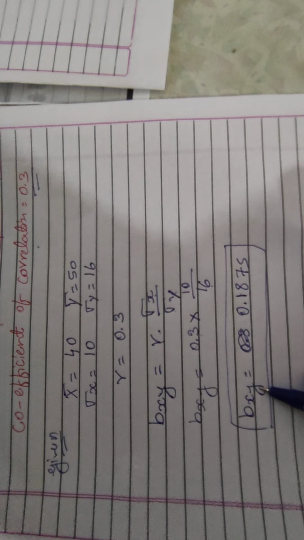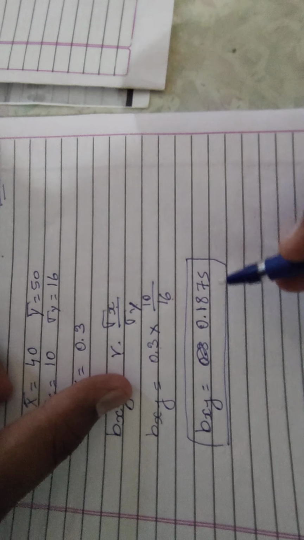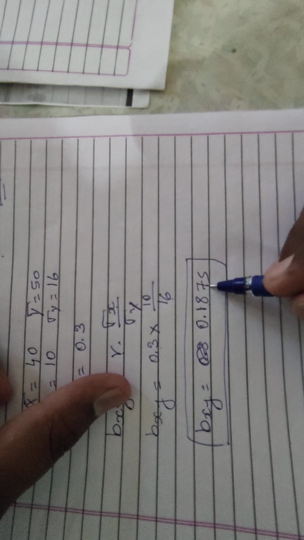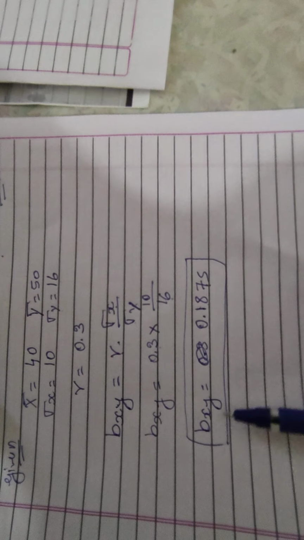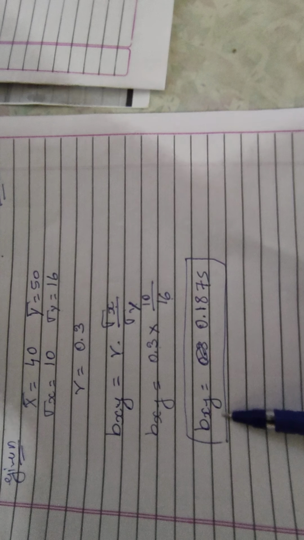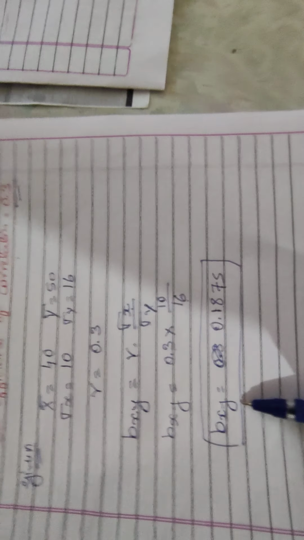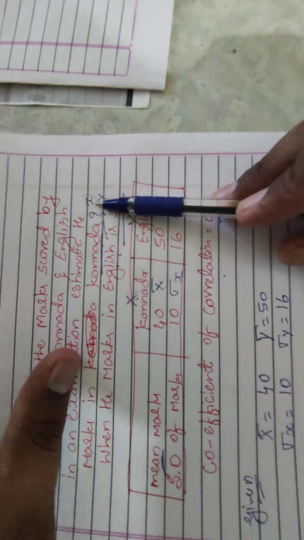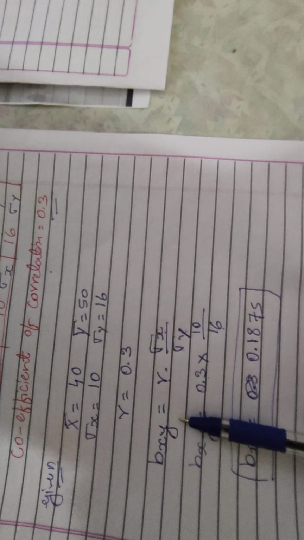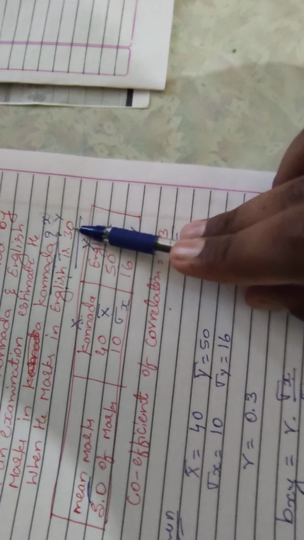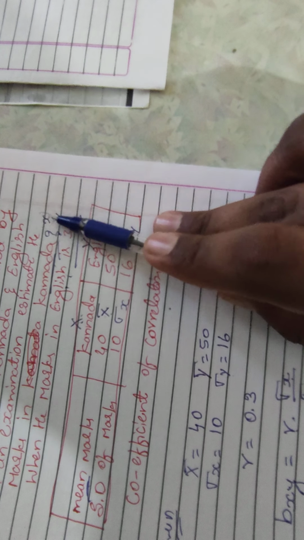So we get the regression coefficient of x on y, 0.1875. Next we have to apply the regression of x on y, because here we have to identify the x. When we have to identify y, we apply regression of y on x. Here y is already given, so we have to identify the x.